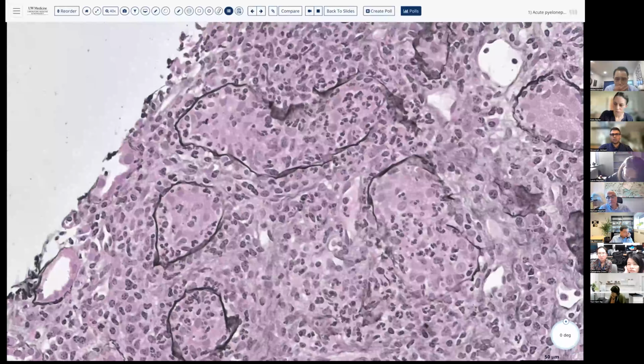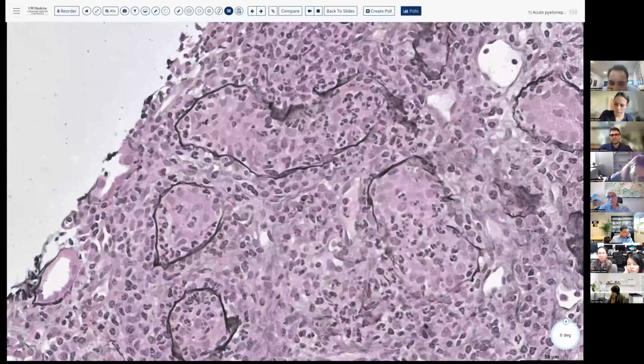Now, it's not just in the interstitium. If we look within the tubular epithelial layer itself, as outlined by the basement membrane, we can see that these inflammatory cells have found their way into the tubular epithelial cell layer itself. If you think about this, the cells actually have to cross the basement membrane barrier and infiltrate into the tubular epithelial cell layer to present with this kind of appearance.